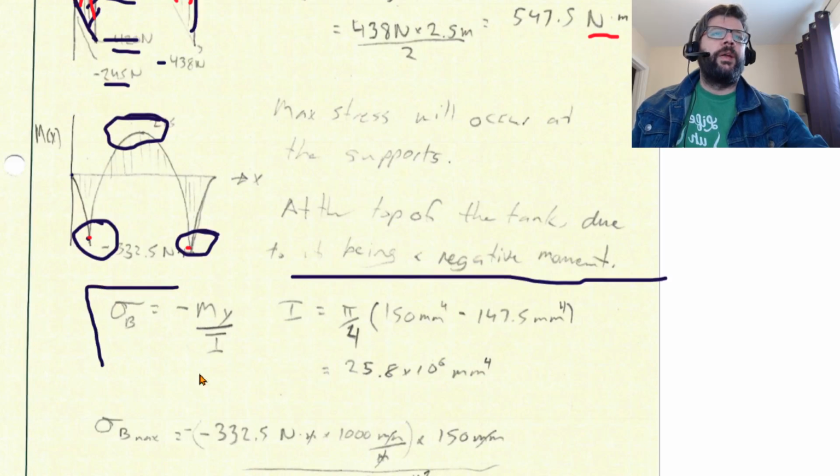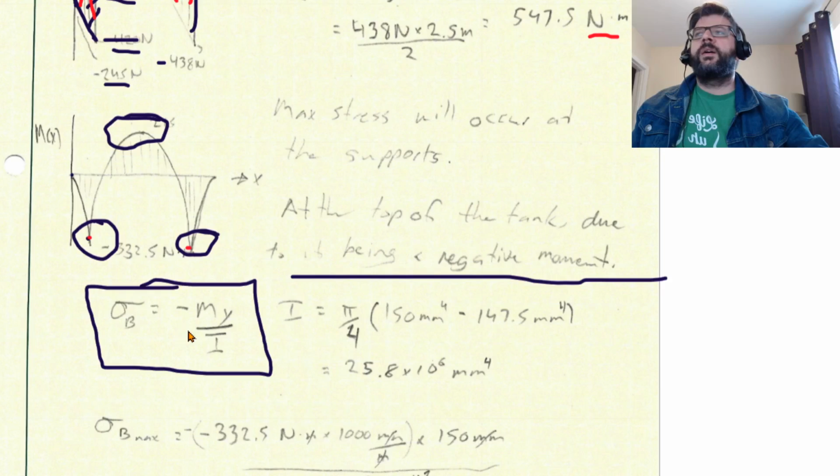So again, our bending stress formula, negative My over I. So we need to know what I is. Again, simple enough. It's pi over 4 times our outer radius to the fourth minus our inner radius to the fourth. So again, a 300 millimeter diameter pressure vessel has an outer radius of 150 millimeters, and then subtract the thickness of 2.5 millimeters from that.